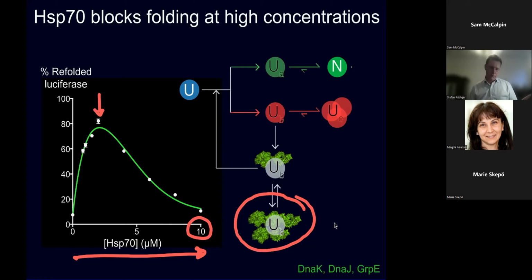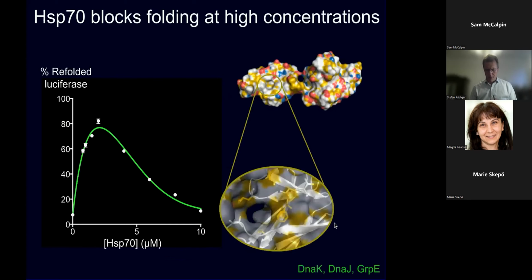Fair enough. However, we have to first understand why it doesn't go further. So now when we look at the HSP70 substrate binding pocket, yellow are the side chains that are hydrophobic, and what you see when you zoom in, it's all hydrophobic. I've shown you before how it looks when a folding intermediate exposes itself to the outside.